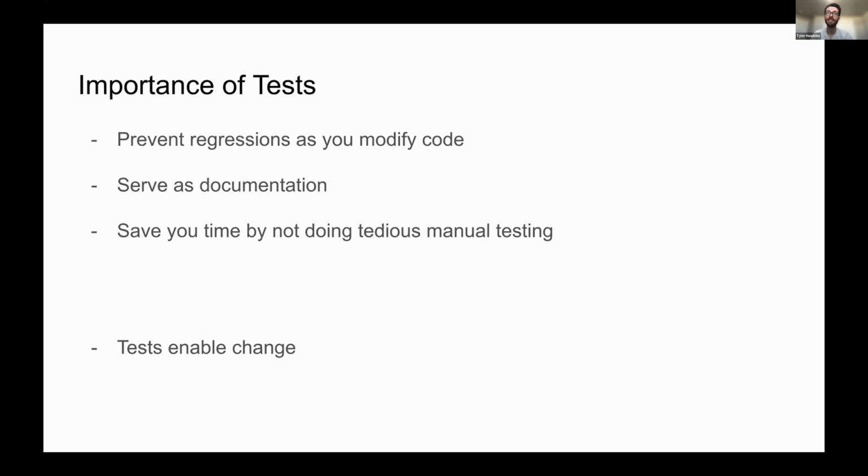If you're spending hours each day, or maybe your QA team is, manually testing the app because you don't have automated tests, that's probably a waste of time. It's probably good to start getting those automated tests in place. So in short, tests enable change. They allow you to make changes more easily, with more confidence, and give you peace of mind that you're not breaking things in your app.